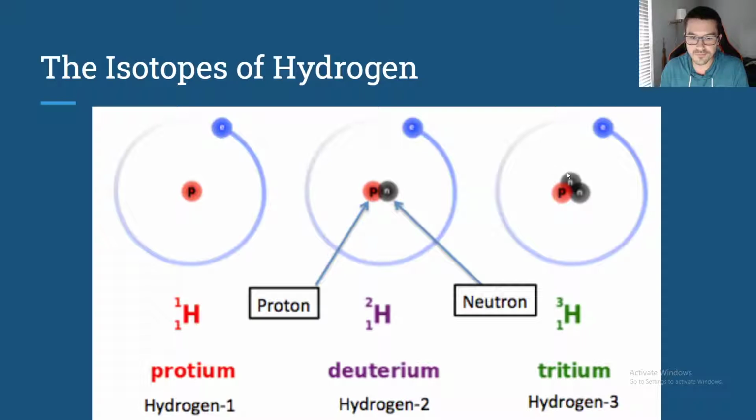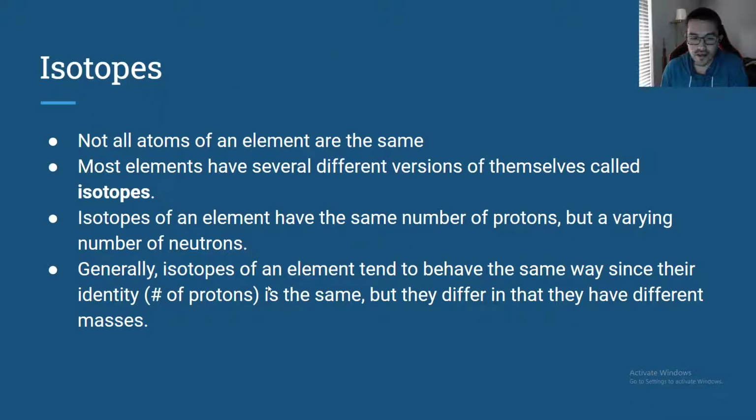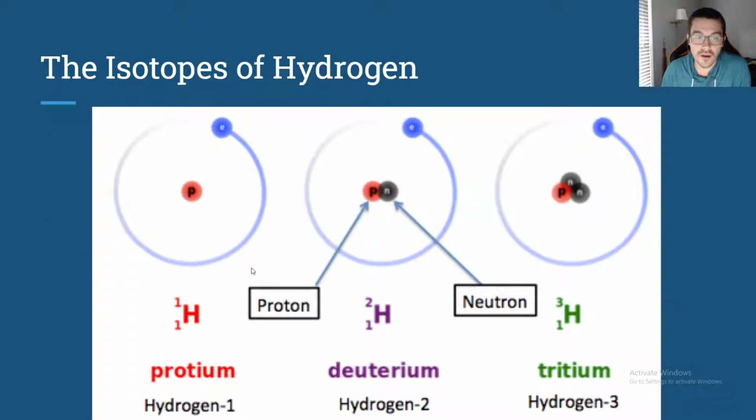Okay, I have a little funny story that I want to tell you about the isotopes of hydrogen. So I was mentioning before on this slide that generally isotopes of the same element tend to behave the same way. Okay, but they do differ in the fact that they have different masses. That actually matters a lot in the case of hydrogen specifically, okay?